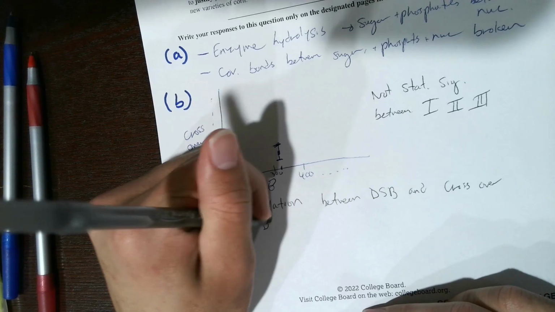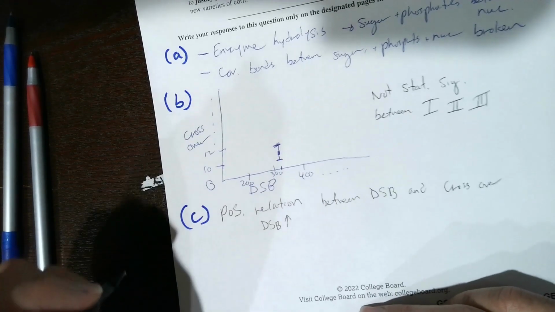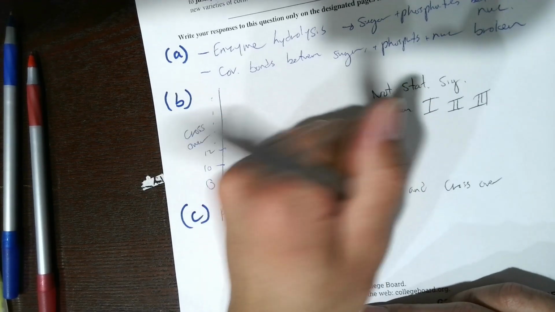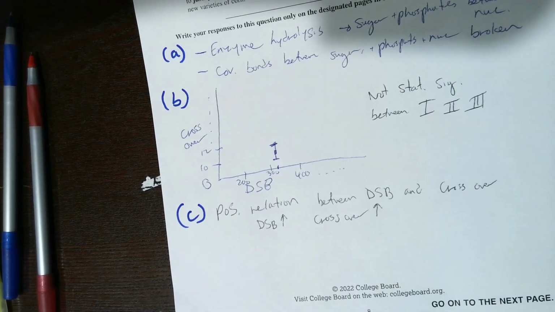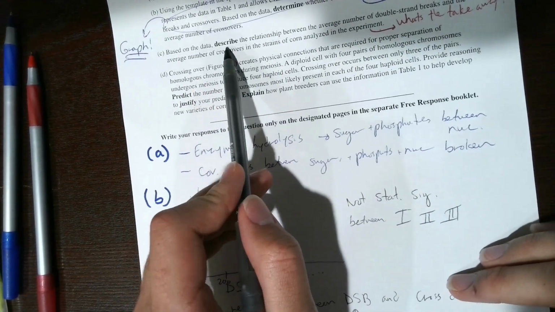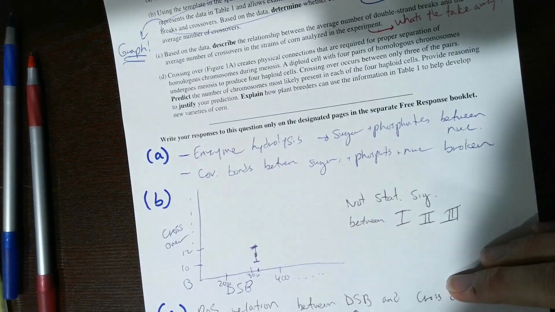Which means as the double-stranded breaks number increases, the number of crossovers increases. Alright? So pretty simple. So that's described. And we described it. We talked about what it was.